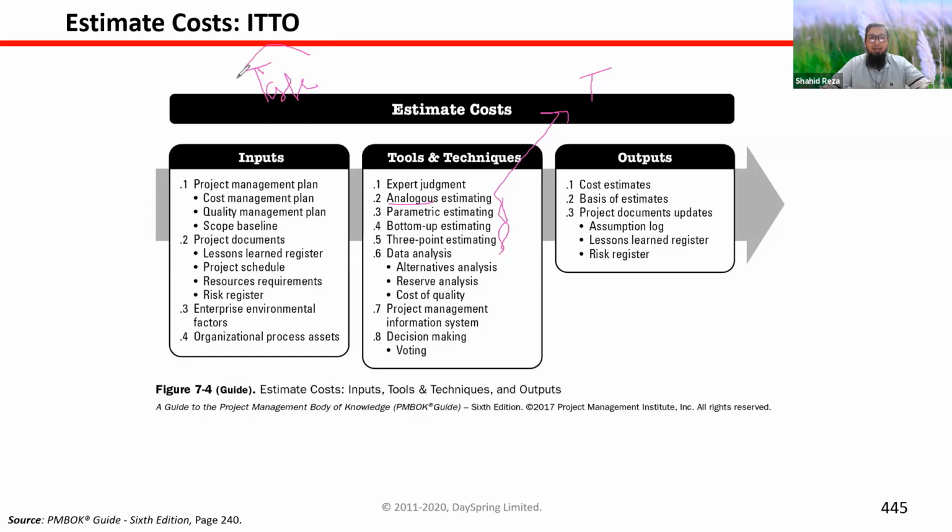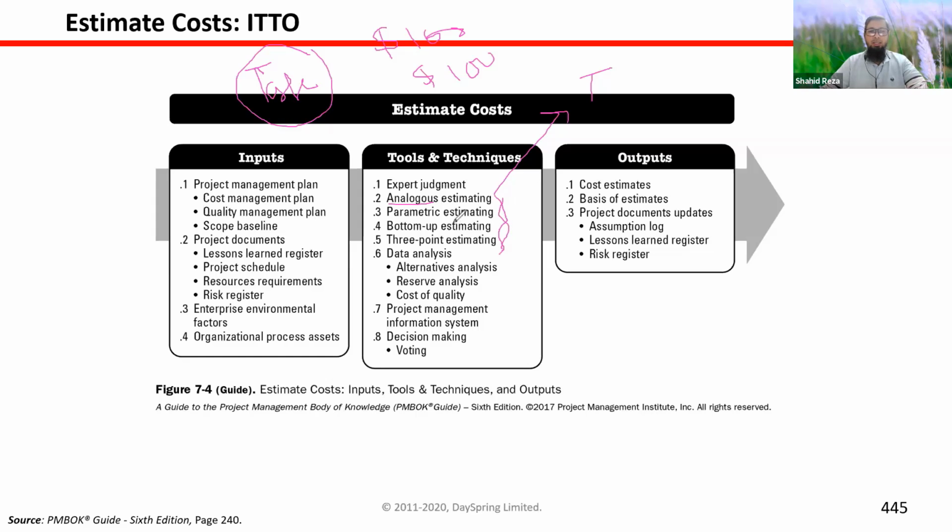If earlier tasks, say for example, took $100 to complete, and the task is the same type of task, then we can say for this project, for this task, we need say another $100. So from previous or historical experience, if we estimate for any task by analogy, that is known as analogous estimating.